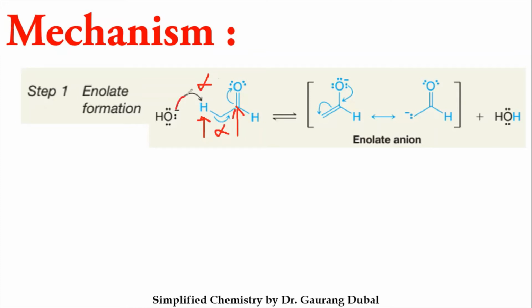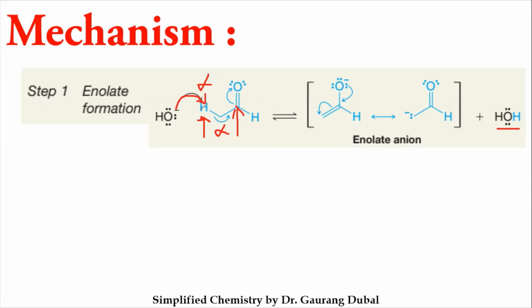Base will donate its electron to the alpha hydrogen, and the hydrogen will go with the base, right? So the hydrogen will be removed by the base, and H2O will be a byproduct.